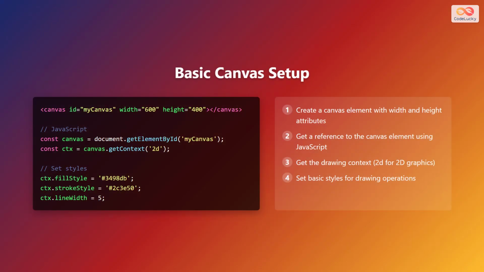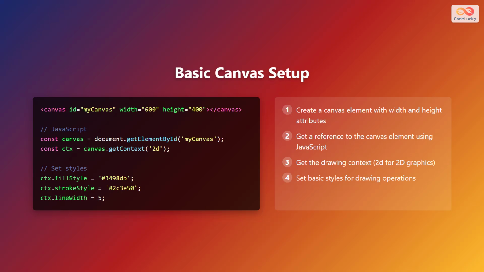Now let's look at the basic setup for using the canvas element. First, you need to create a canvas element in your HTML file, specifying the ID, width, and height attributes. Here's an example: canvas id equals myCanvas, width equals 600, height equals 400, closing canvas tag. Next, in your JavaScript code, get a reference to the canvas element using the document.getElementById method.